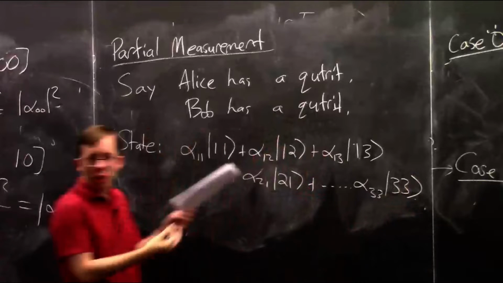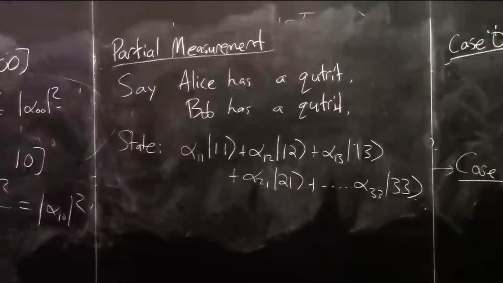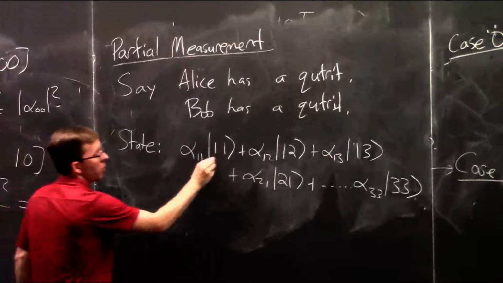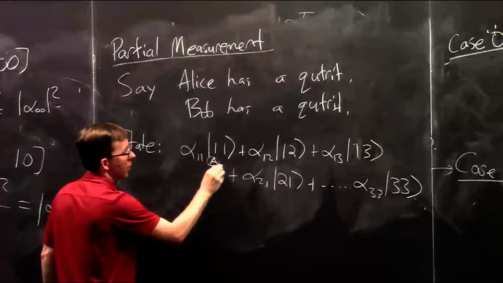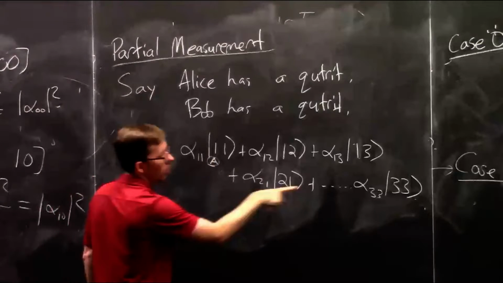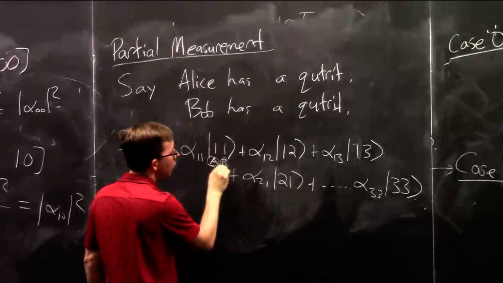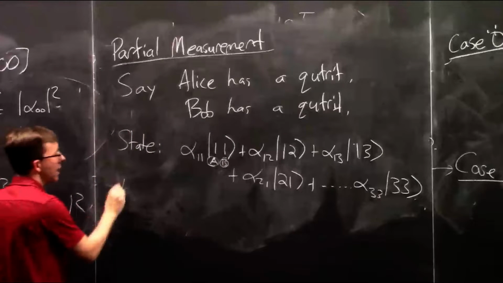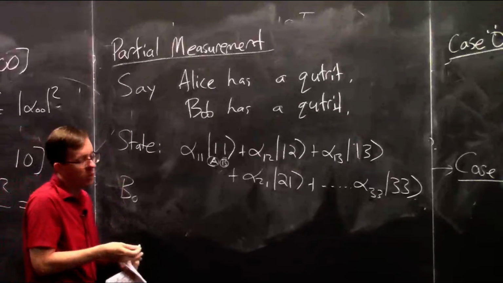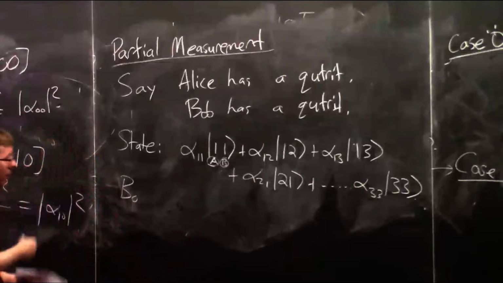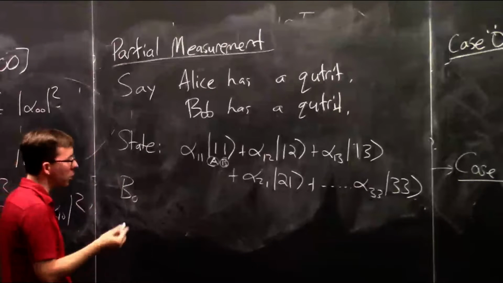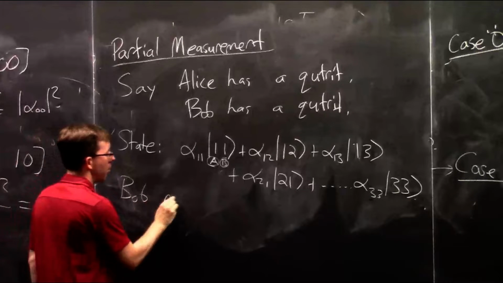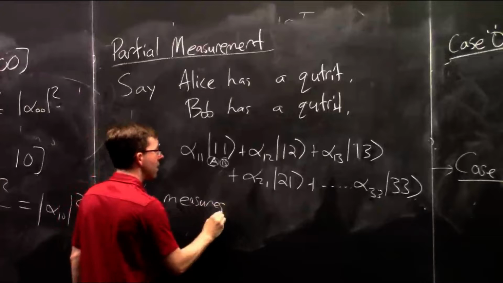So it's a 9-dimensional vector. The first one stands for Alice's qutrit, which can be in basic state 1, 2, or 3. This one stands for Bob's qutrit, which can be in basic state 1, 2, or 3. And let's say Bob puts his single, 3-basic-state particle, like a deuterium nucleus or whatever has this property, into a measuring device. So let's say Bob measures his qutrit.